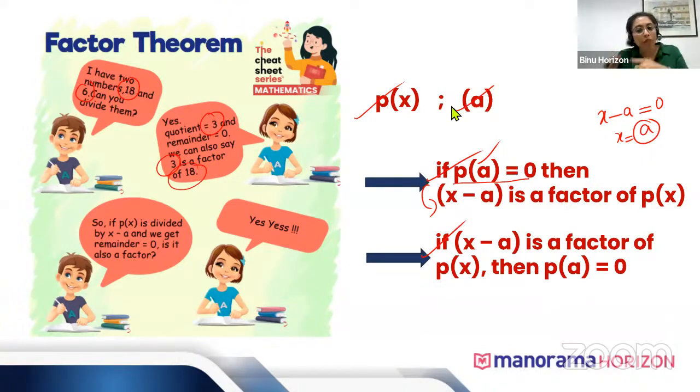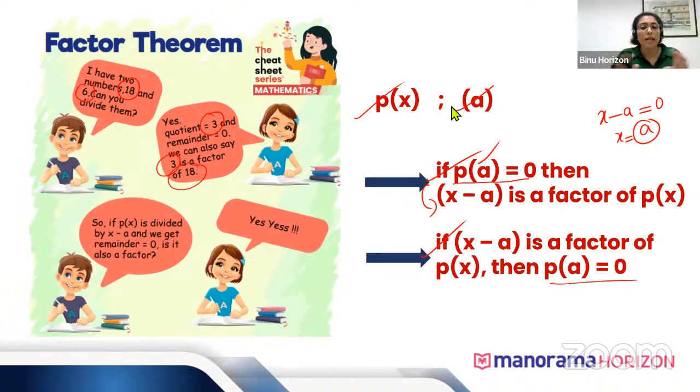One is if p of a equals 0, then x minus a is a factor of p of x. And if x minus a is a factor of p of x, then p of a is equal to 0. Both ways it is interconnected. If one is equal to 0, the other will be the factor of p of x. If x minus a is a factor, then p of a equals 0. You got the idea? Understood? That is actually the factor theorem.